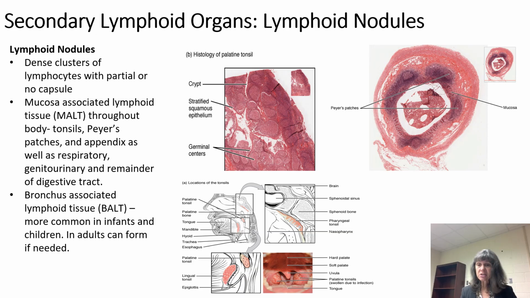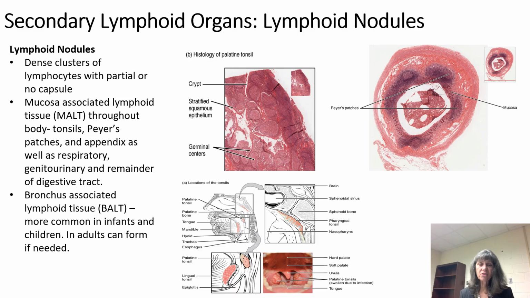The largest collections of mucosa-associated lymphoid tissue make up the tonsils, special lymphoid nodules in the intestines known as Peyer's patches, and the appendix, as well as throughout the genitourinary, respiratory, and remainder of the digestive tract.